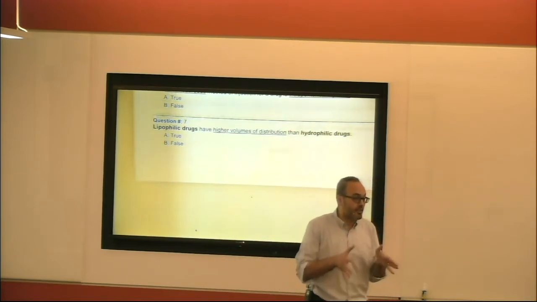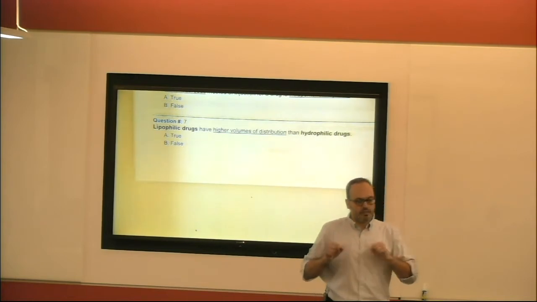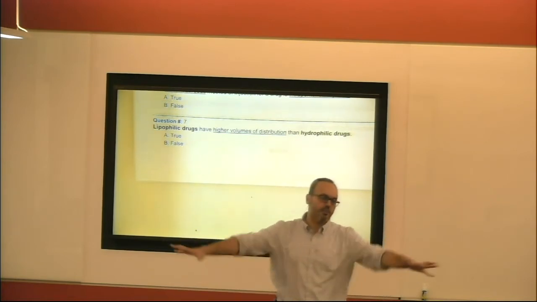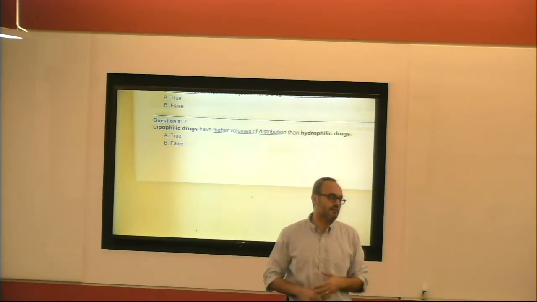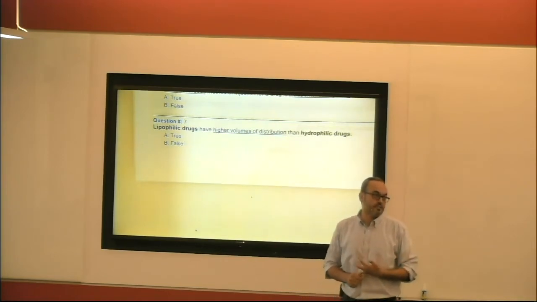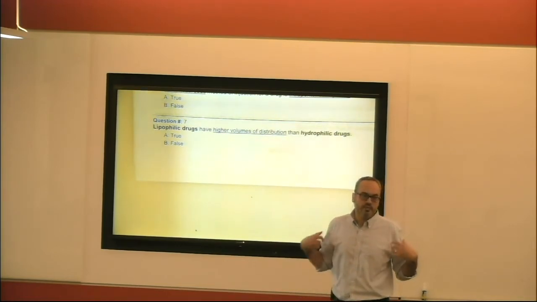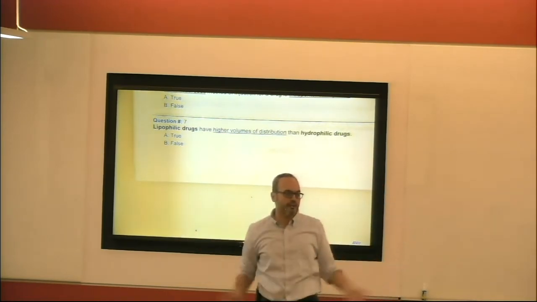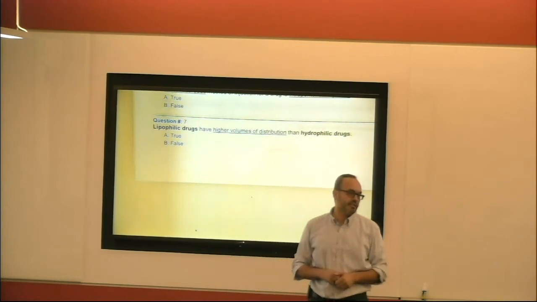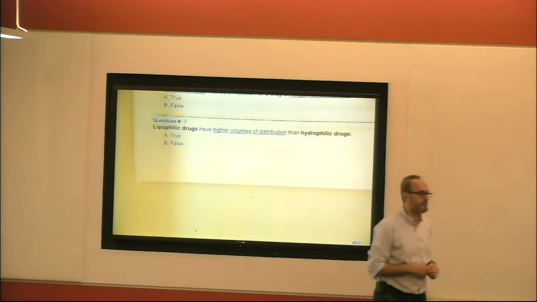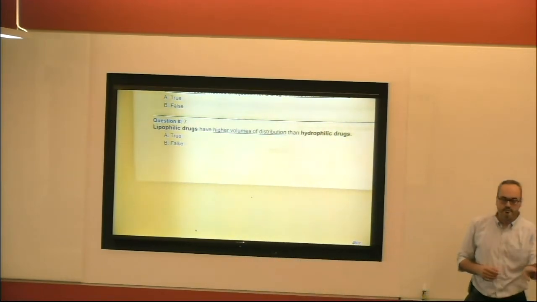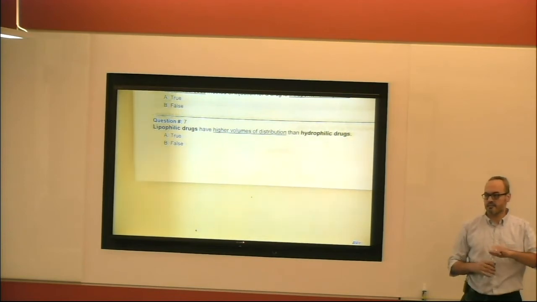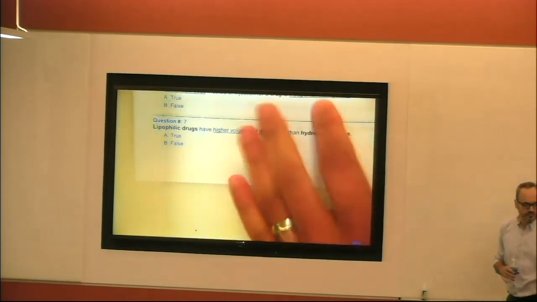Hydrophilic will stay only in the blood, okay? So those that go deeper into the body will have a larger volume of distribution. The drug will distribute into more areas in the body than the hydrophilic. Okay, make sense? Okay.